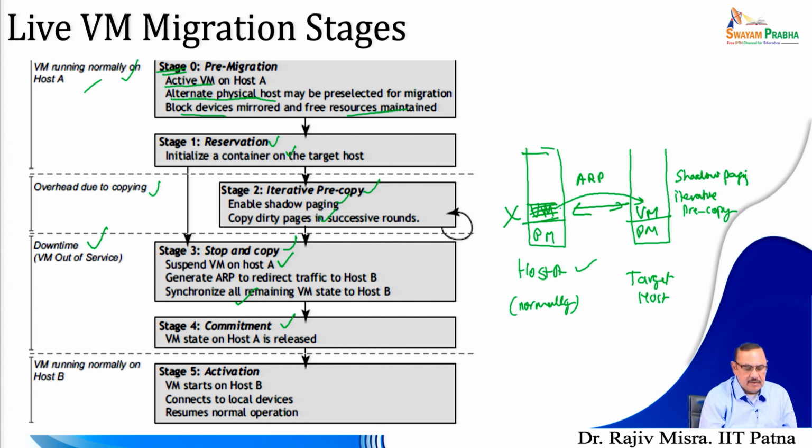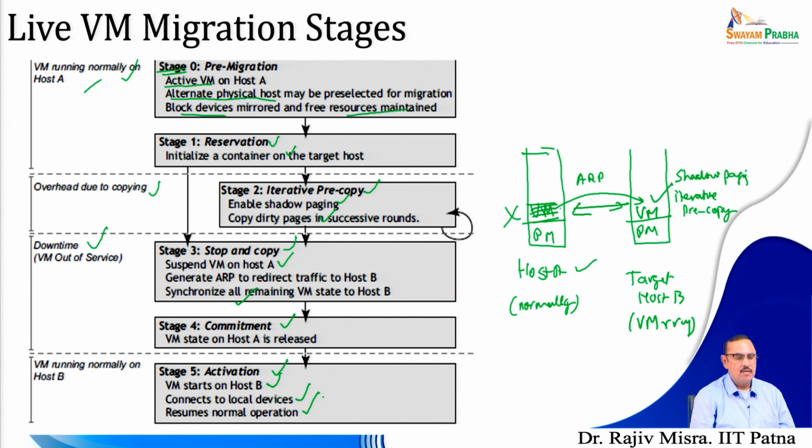And finally, the last stage is the activation, that is, the VM running normally on host B. So, now it will start running on host B. The VM starts on host B, connects to the local devices and resumes normal operation.